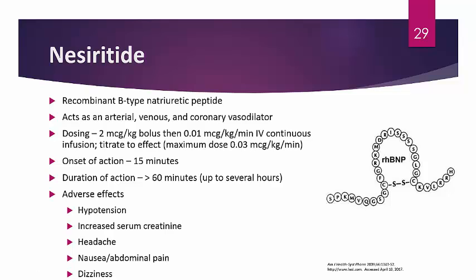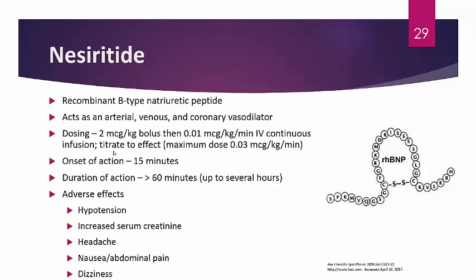Nesiritide is another agent that we talked about. It's recombinant B-type natriuretic peptide, which we see here on the right. It acts as an arterial, venous, and coronary vasodilator, with dosing as a 2 mics per kilo bolus, then 0.01 mics per kilo per minute IV continuous infusion, and it should be titrated to effect.